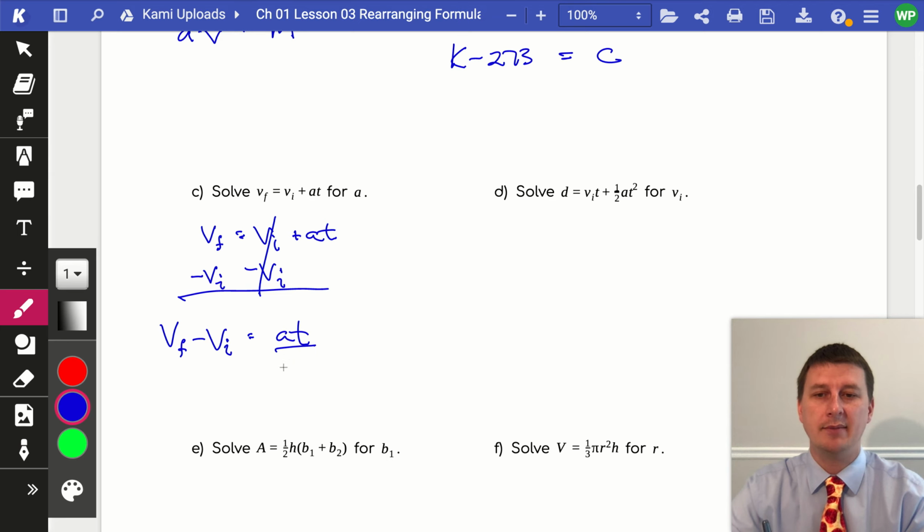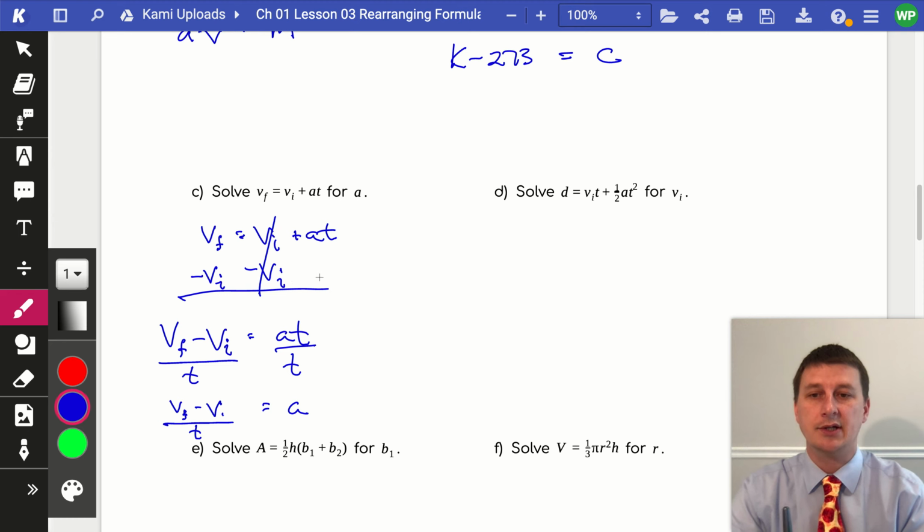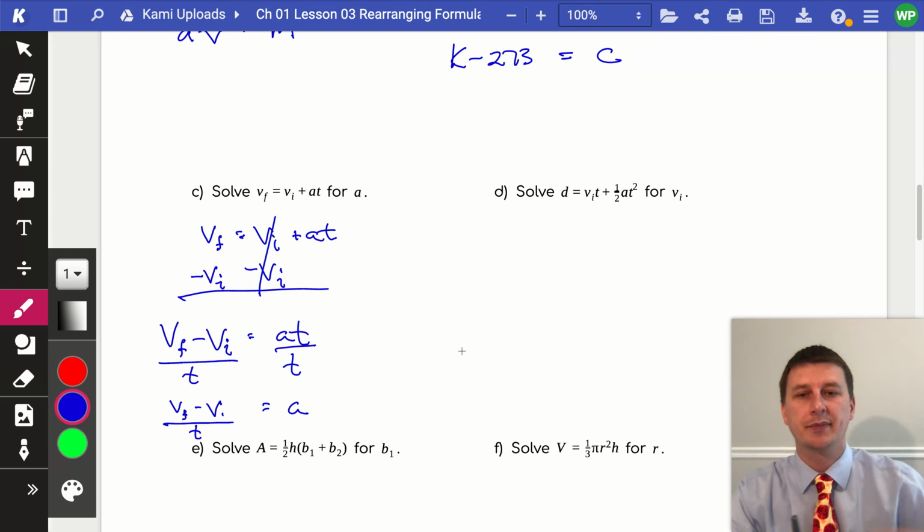So I'm going to undo that by dividing by t. And my answer is going to be a is equal to v sub f minus v sub i divided by t. This whole big mess over here is actually our final answer. Now we could solve for the acceleration given the final initial velocities and time.